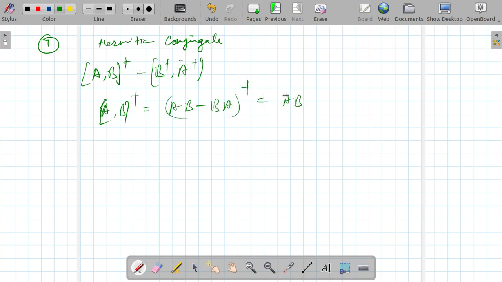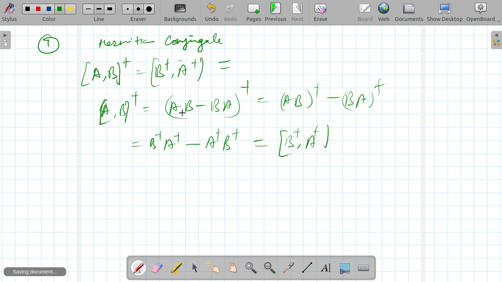It is (AB) dagger minus (BA) dagger, and it is B dagger A dagger minus A dagger B dagger. So that means it is the commutator [B dagger, A dagger]. So I can prove this in this manner.